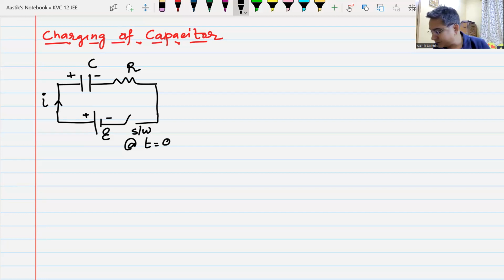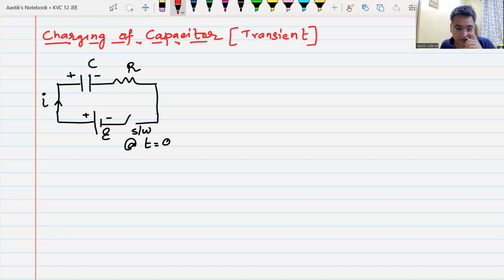That stage when the capacitor is getting charged is known as the transient state. Now this transient word comes from the word transit, and I've already told you what is transit. Transit means in transfer. So the charge on the capacitor is continuously going to change.